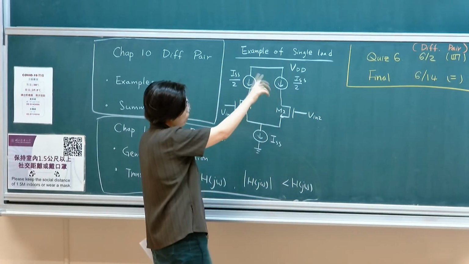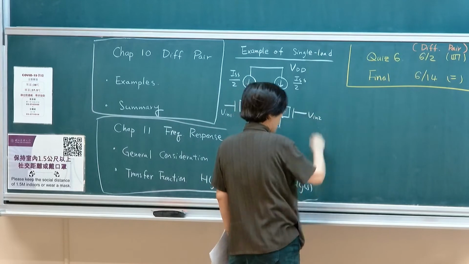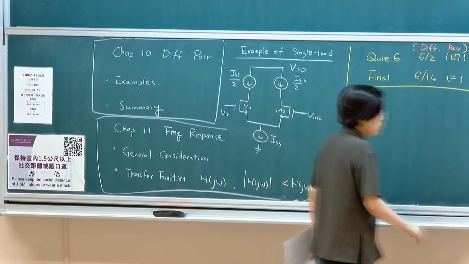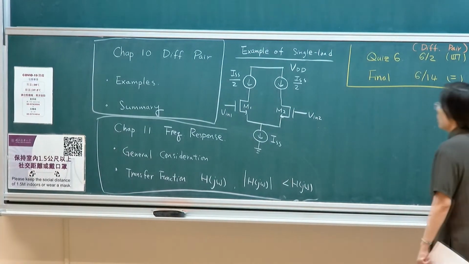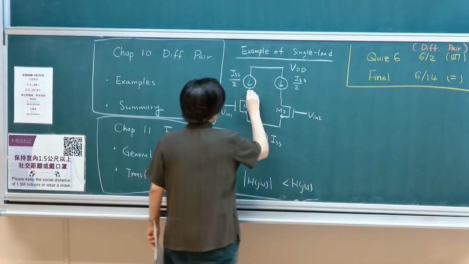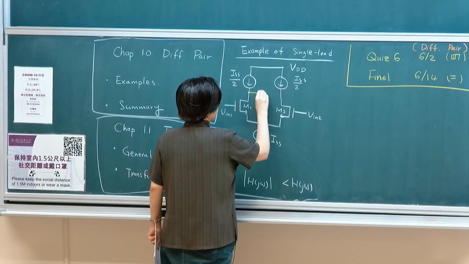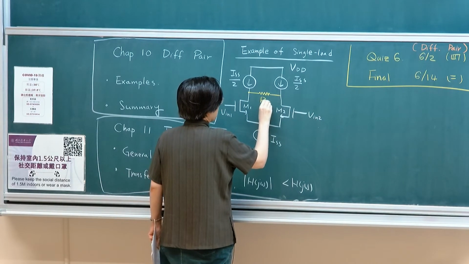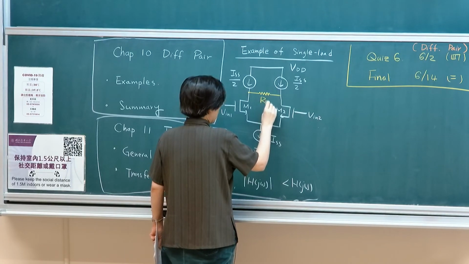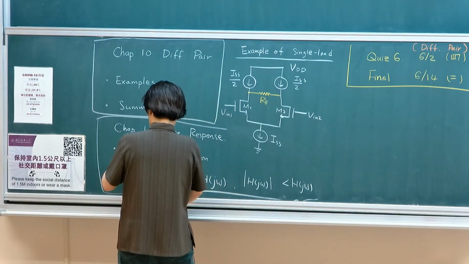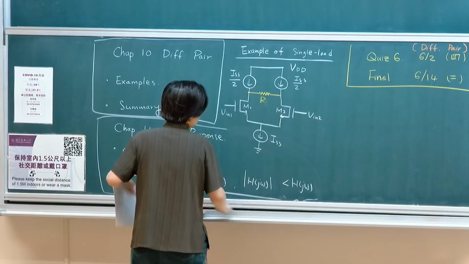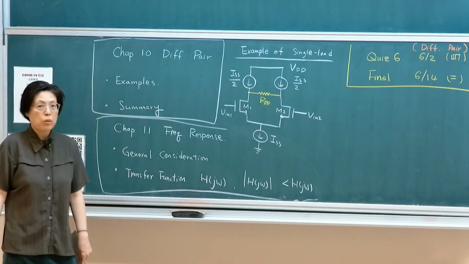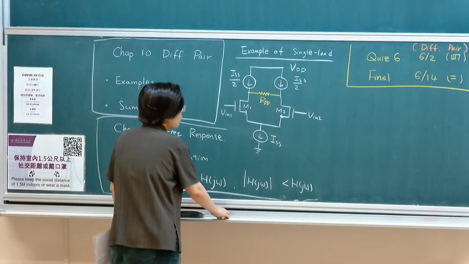So instead of having two loads, I'm just going to use one, right above here. So what does this mean?